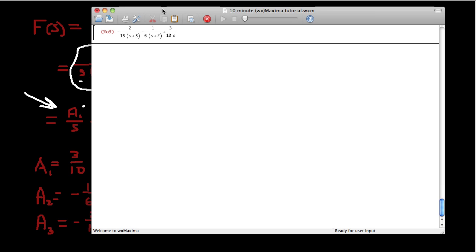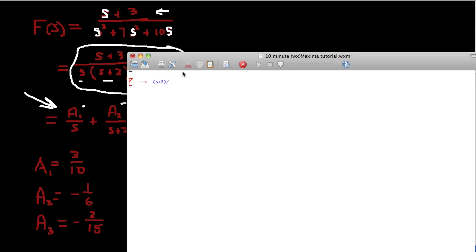Okay, so what I want to do first is I want to actually input what the function f of s is. So I do that right here. Okay, I say it's equal to s plus 3 divided by s cubed plus 7 times s squared.